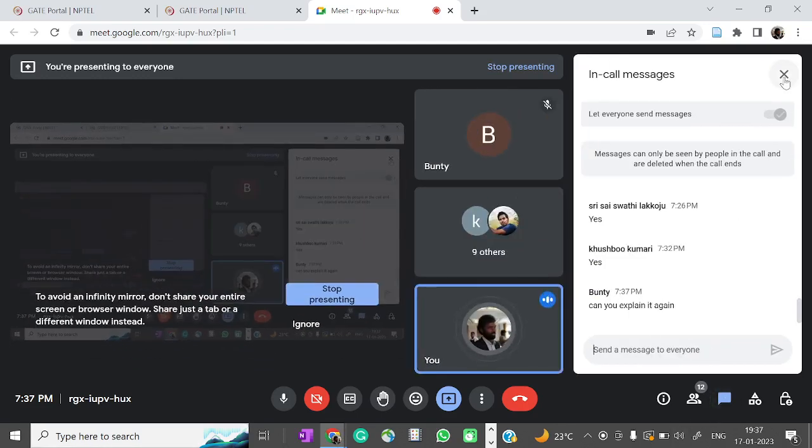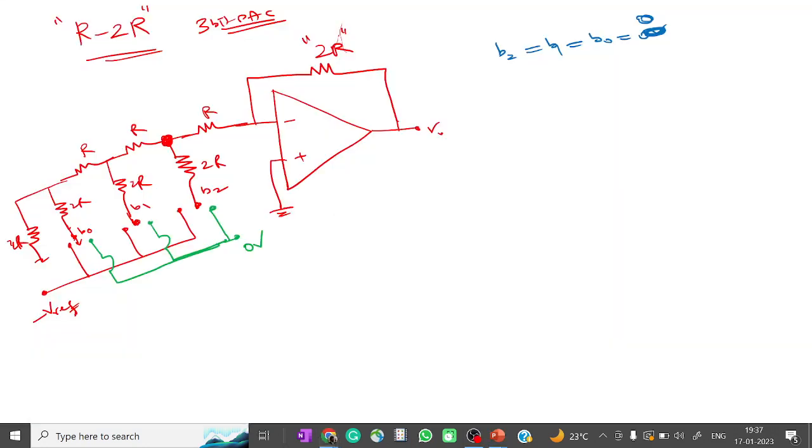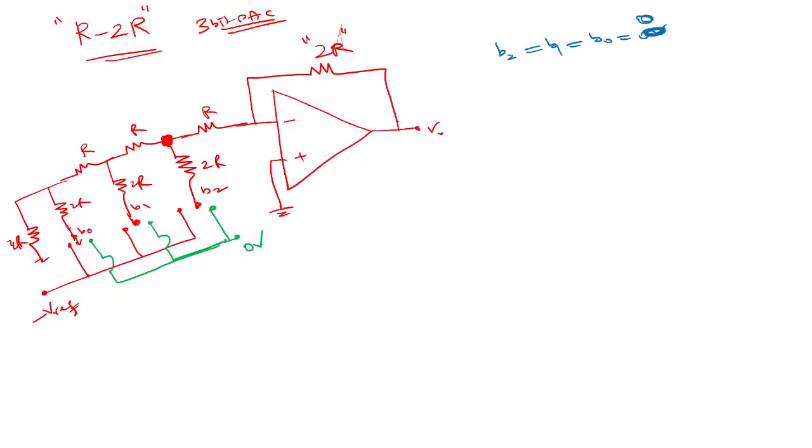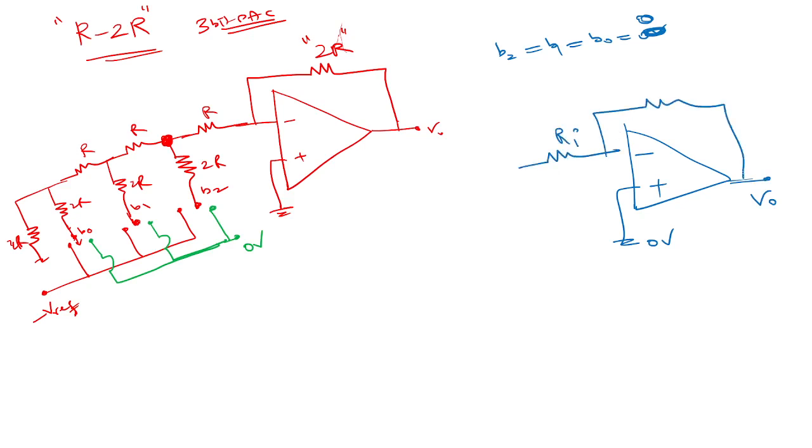Bunty is asking, can you explain it again? How the 2R is decided. See, you know non-inverting or inverting amplifier configurations. Let's say, for example, this is Ri and this is RF.